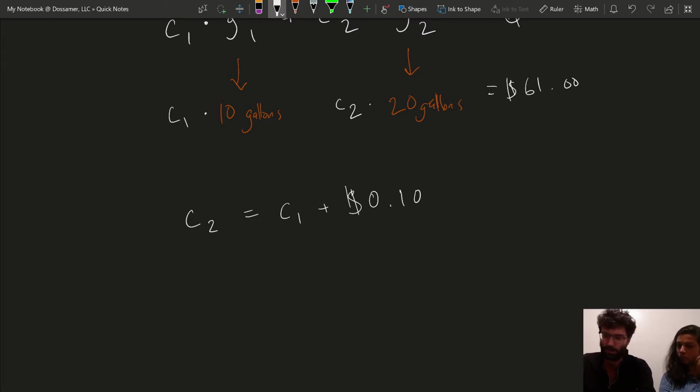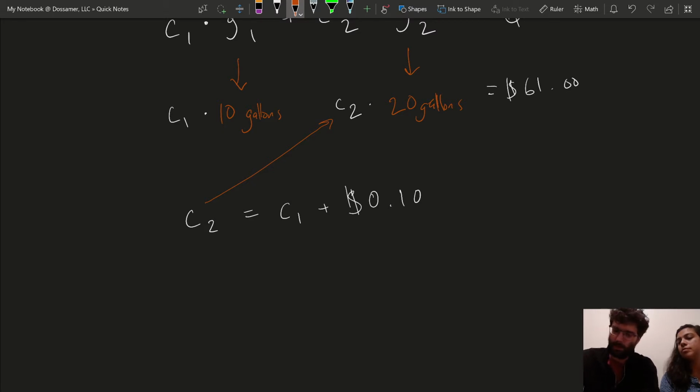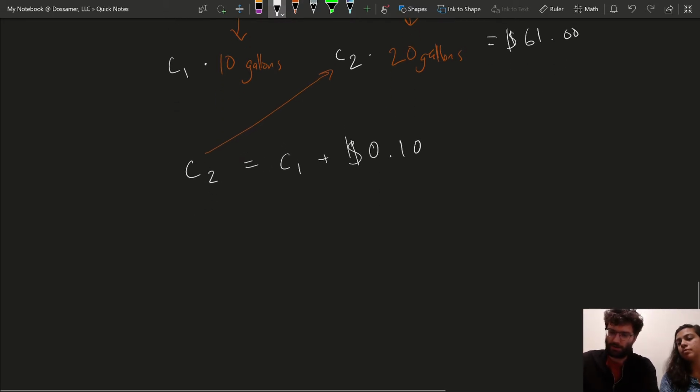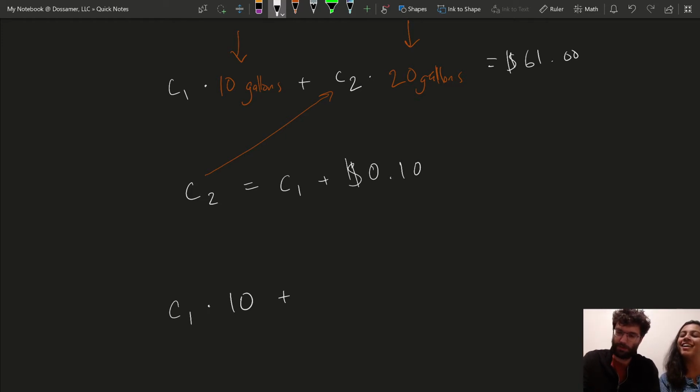So another way of saying that, going back down here, is that the new price is equal to the old price plus 10 cents. And now we have a single variable directly in terms of another variable, which means that now we can just substitute it into our original equation, which will make us, what's that going to look like?